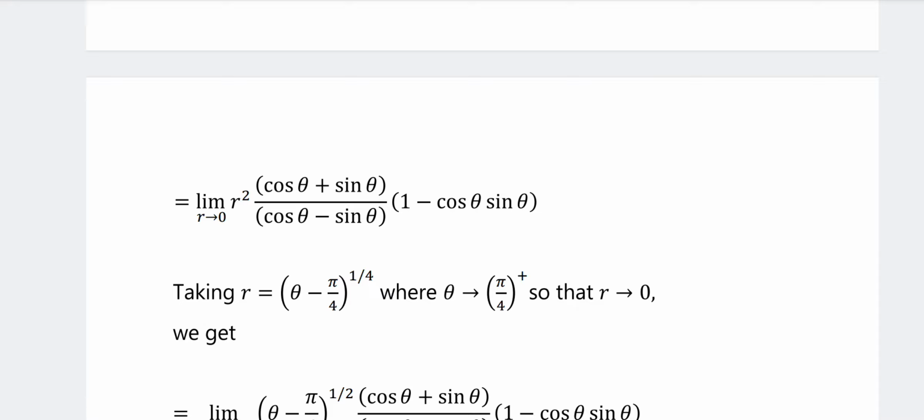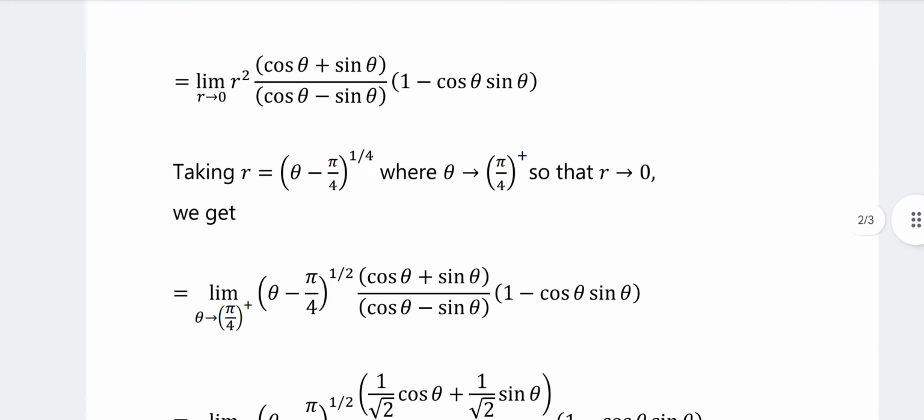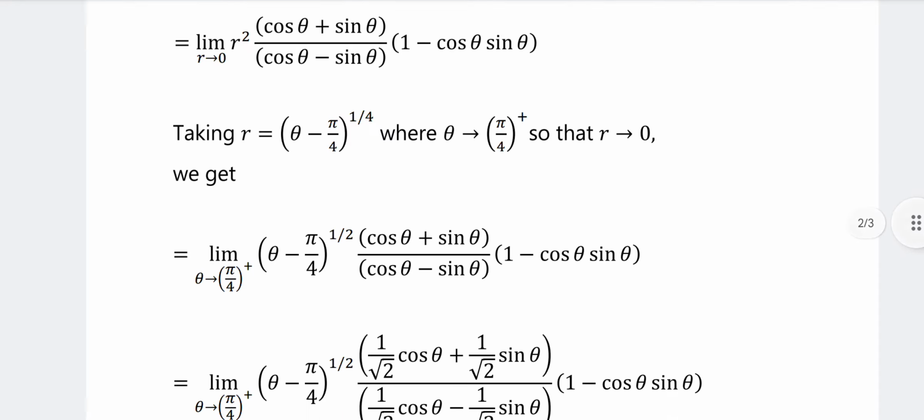Then the inside thing is positive and r tends to 0. Now change it into theta form: limit theta tending to pi by 4 from the right of (theta minus pi by 4) to the power 1 by 2 (cos theta plus sin theta) upon (cos theta minus sin theta) into (1 minus cos theta sin theta).